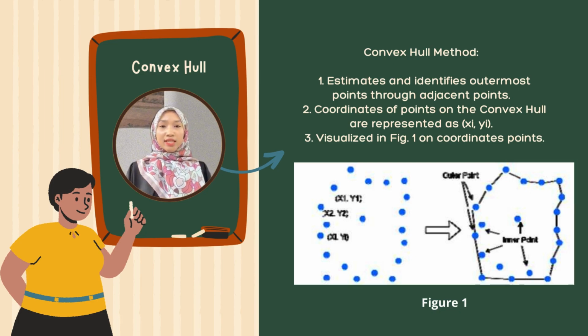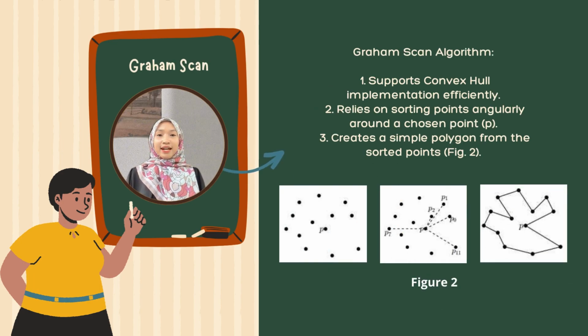Third, visualize in this figure 1 on coordinate points. Graham scan algorithm. First, it supports convex hull implementation efficiently. Second, it relies on sorting points regularly along a chosen point P. Third, create a simple polygon from the sorted points, as in figure 2.